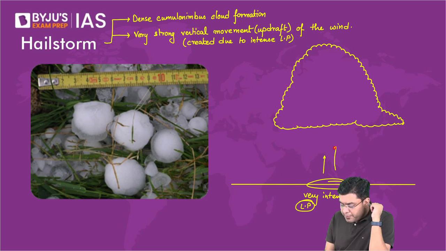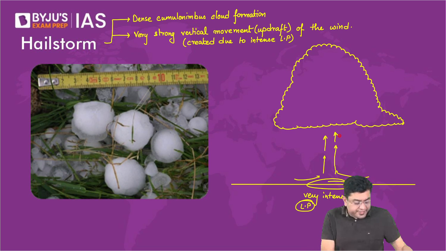This will be further pushed up. The air continuously will be pushed up. There is a continuous rise of air in this region. Now, let's suppose there is a small ice crystal falling from above. It is falling because it has become slightly heavier.